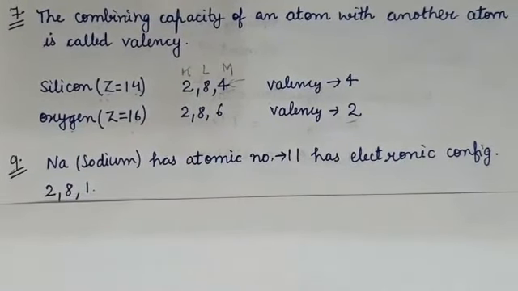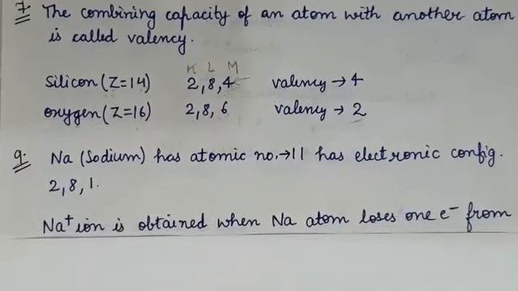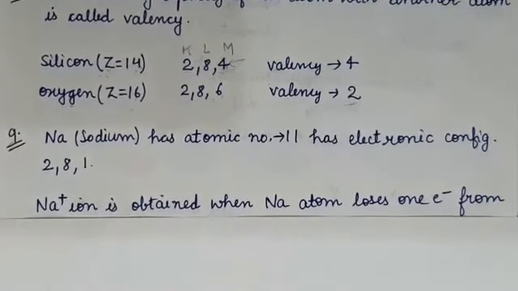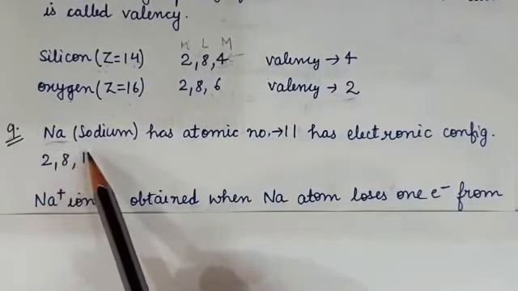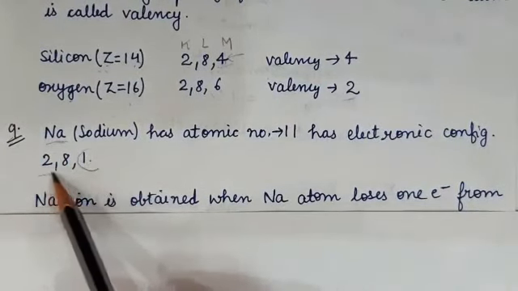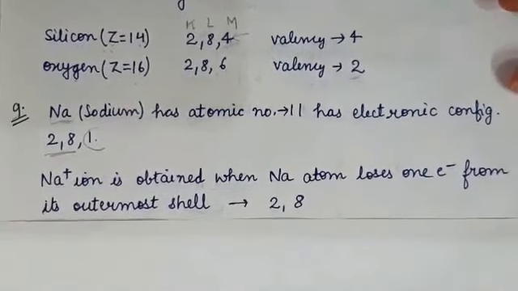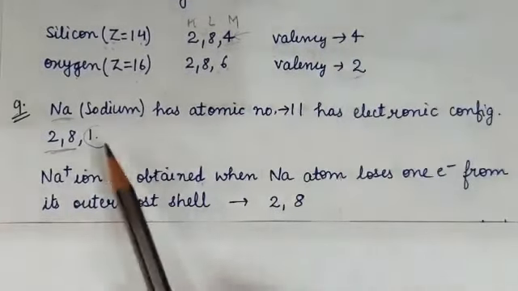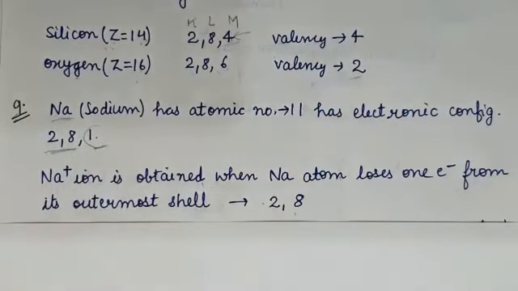So what is the electronic configuration? 2, 8, 1. Now sodium ion is obtained when the sodium atom loses one electron from its outermost shell. So when it loses one electron from the outermost shell, it will get 2 and 8. Atom will convert to ion. Okay, so 2 and 8.